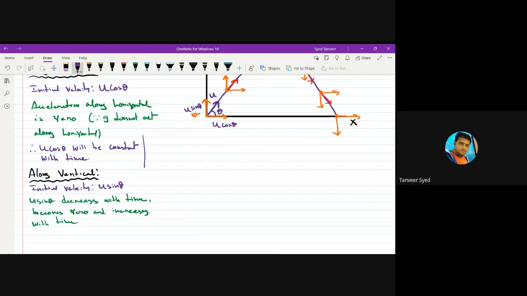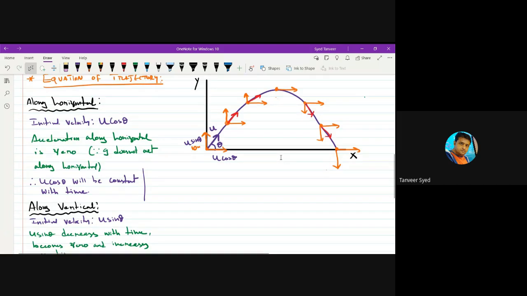Just one more addition to motion in horizontal direction. Let us say the projectile has covered some distance, let it be here. If it is here, its horizontal displacement is this, X, and its vertical displacement is this, Y. X and Y are the horizontal and vertical displacements. Okay.